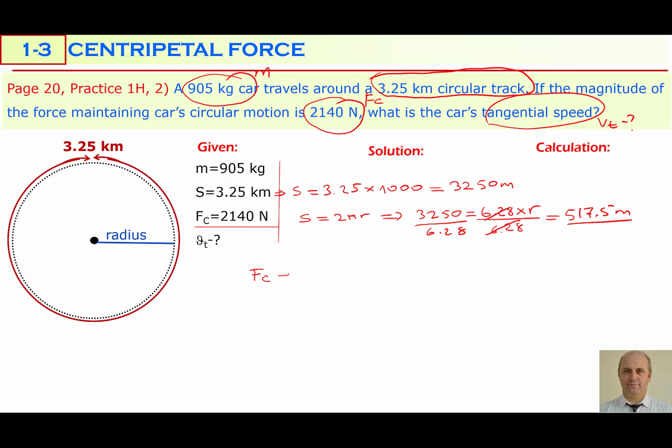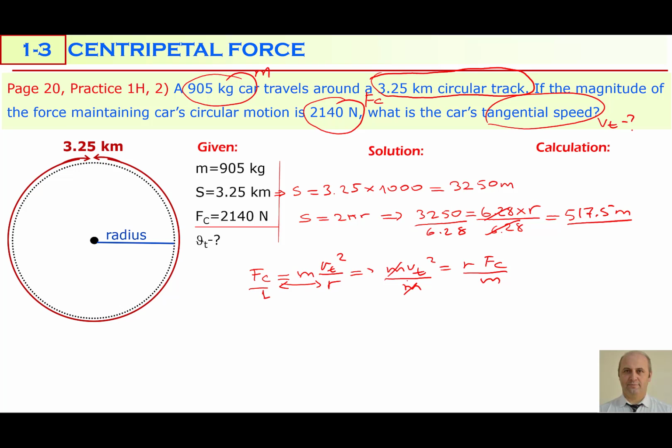Now we are ready for calculating the centripetal force, because we will use the centripetal force equation, Vt squared over r. So we need to know what Vt is. Cross product in here is 1 multiplied by mVt squared is equal to r times Fc. We will calculate Vt, that's why we have to simplify m.